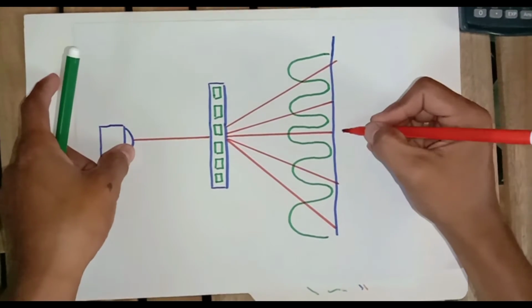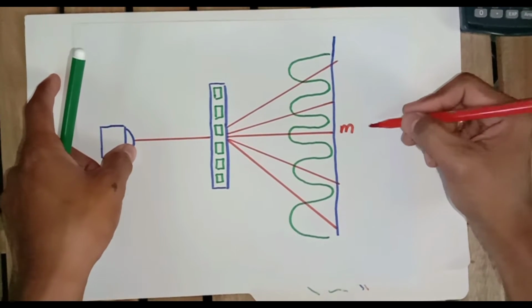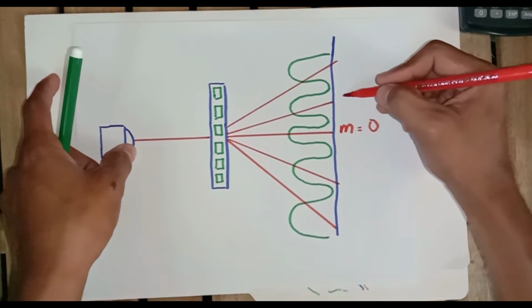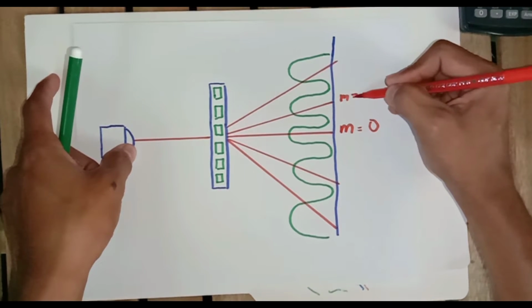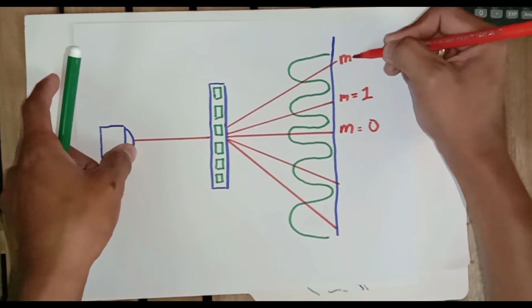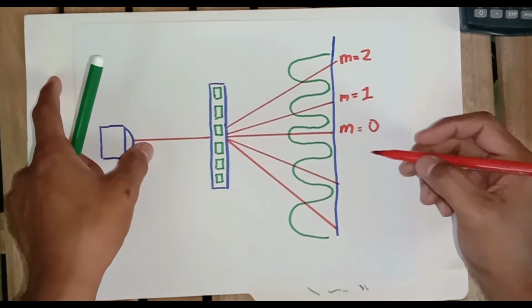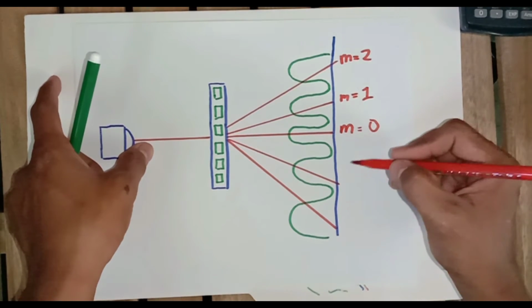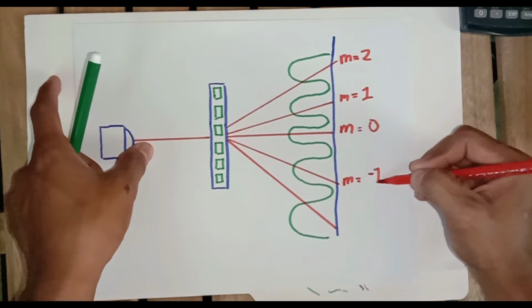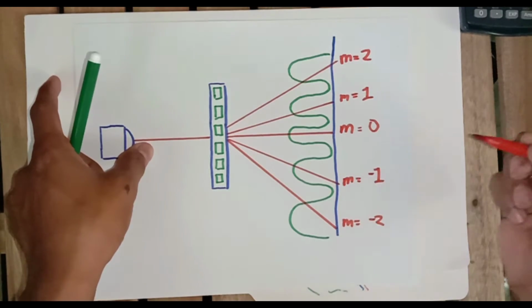Okay, m is the grating order integer. We have here m is 0 and m here is 1. Then the highest grating integer, we have here m of -1 and m of -2.